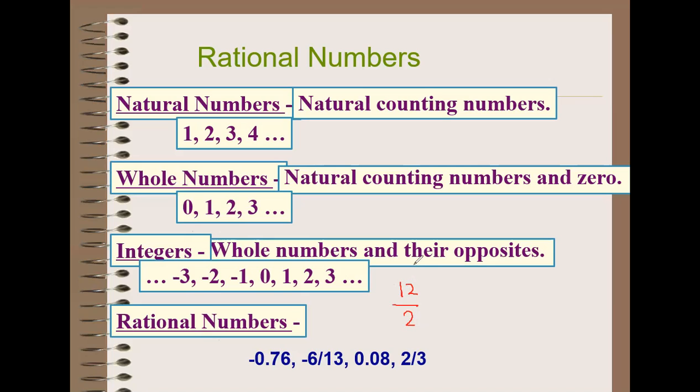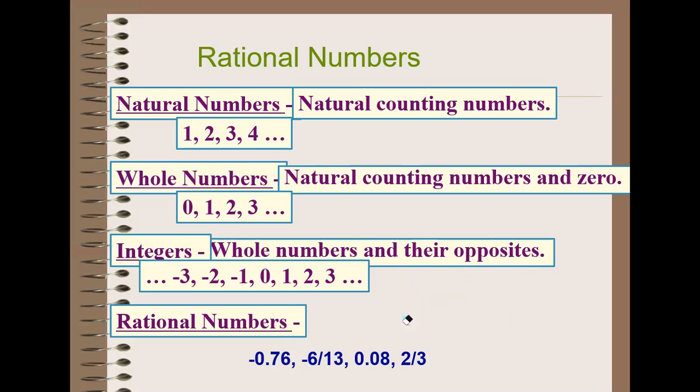Then the rational changes into integer because the numerator is divisible by the denominator. So this is the first case. If the numerator is divisible by the denominator, then the rational, sorry, this one is Q, not R, then the rational number can be an integer. So rational can be integer.